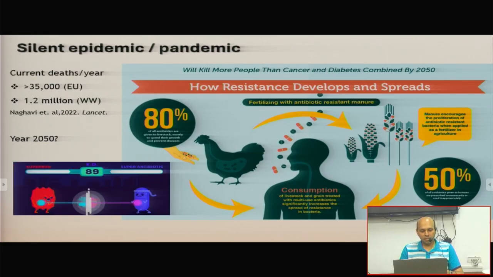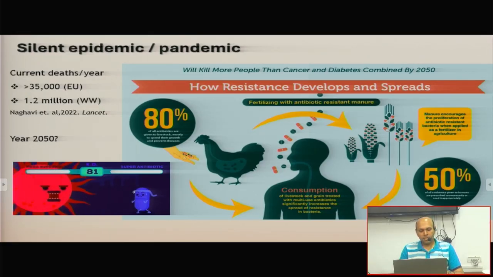Currently, more than 35,000 people die in Europe as a result of that. I don't know in India what the estimate is like, but over here, in 2022, the Nagavi report highlights 1.2 million deaths are occurring each year due to the AMR, and then another, I think, 5 million deaths are also indirectly attributed to AMR.